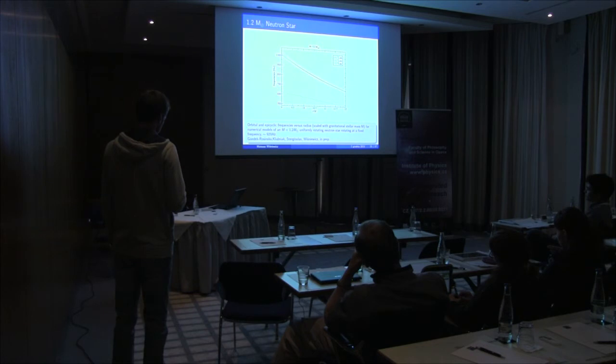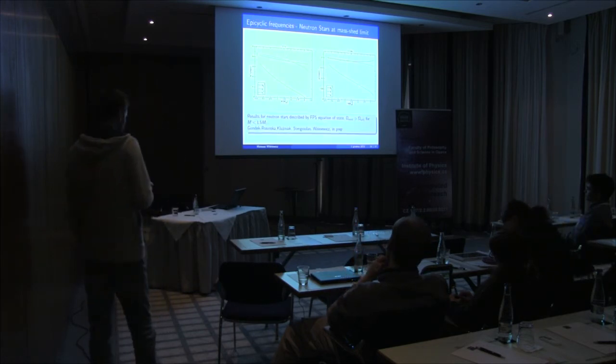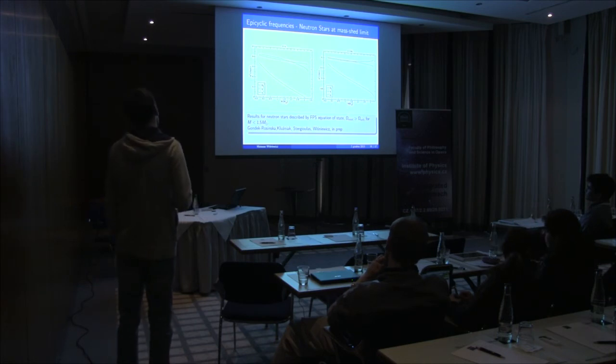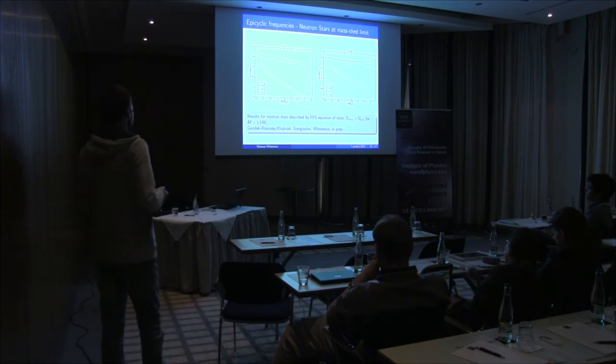On this plot, on the horizontal axis we have the mass of the neutron star, described by the FPS equation of state.